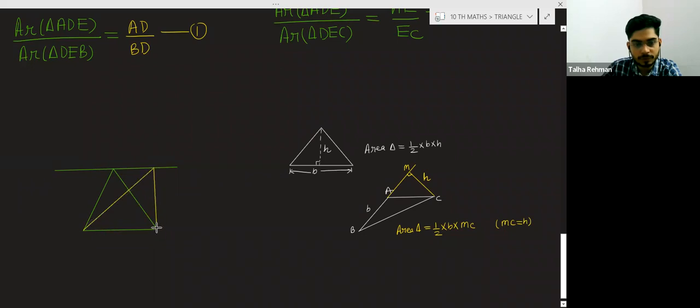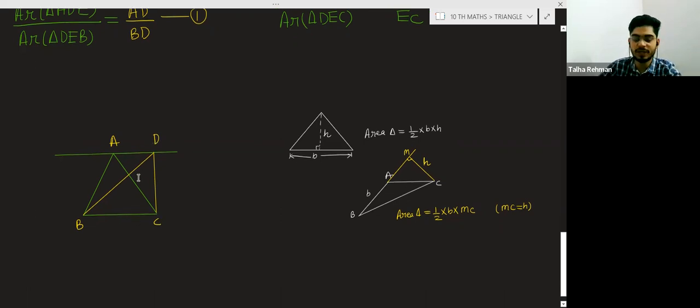This is another triangle. So suppose this is the triangle ABC, and this is the triangle DBC. If this is the condition, means two triangles having same base and same parallel, triangles having same base and same parallel have equal areas.